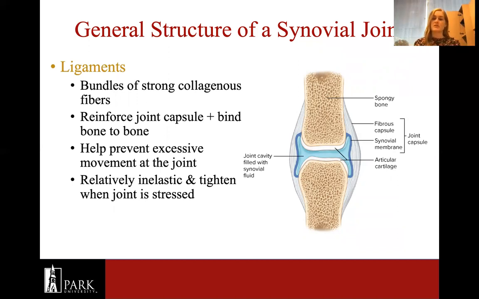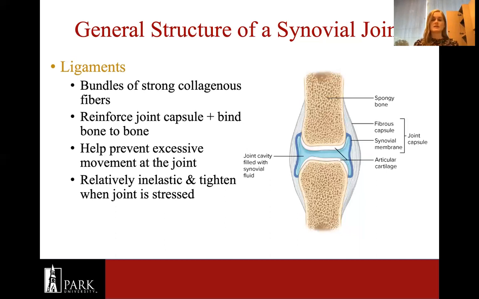So we need a little bit of movement, but we don't want too much movement because that's how we get injuries. That's how we hyperextend our knee. That's how we get MCL or LCL or other ligament tears in our knee, for example, when we have excessive movement on a joint, moving it past what it's capable of.